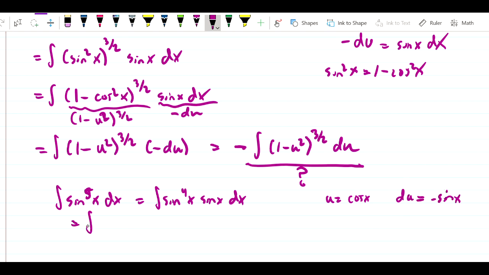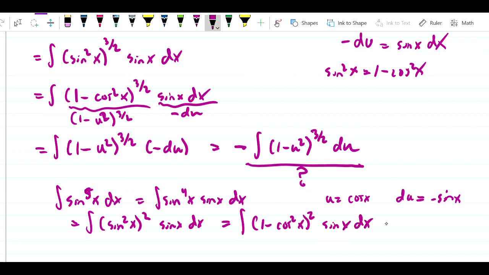Then I'd rewrite this as the integral of sine squared x squared sine x dx, which would be rewritten as 1 minus cosine squared x squared sine x dx, which can now be rewritten as 1 minus u squared squared du with a negative sign in front of it.